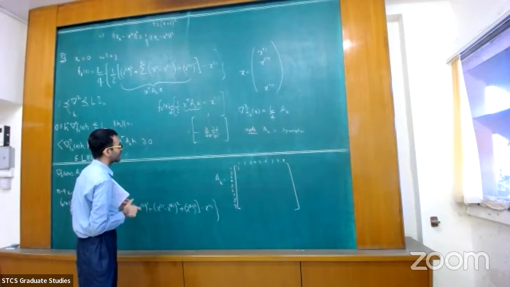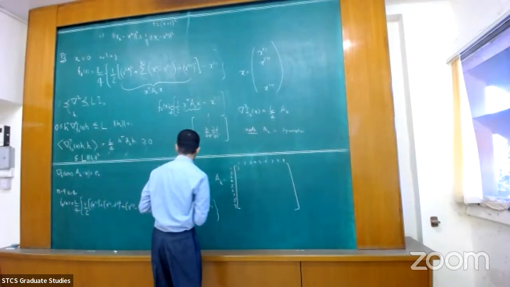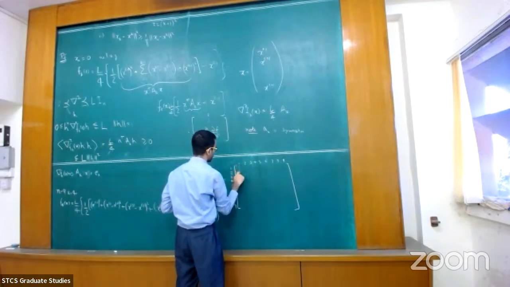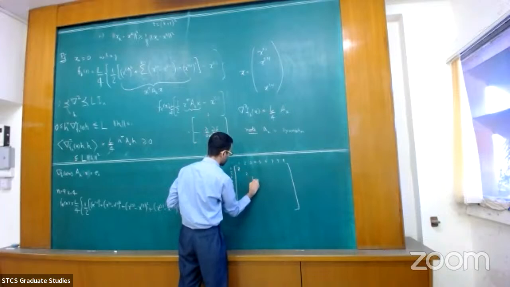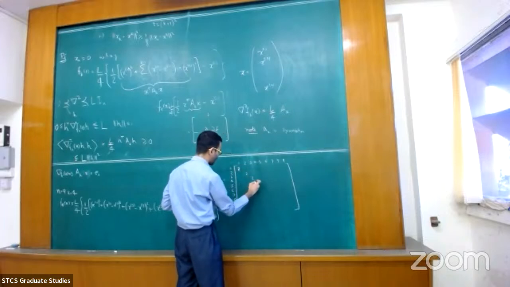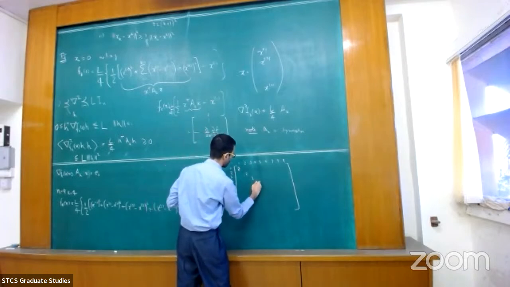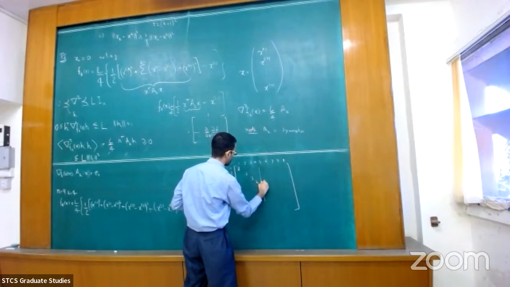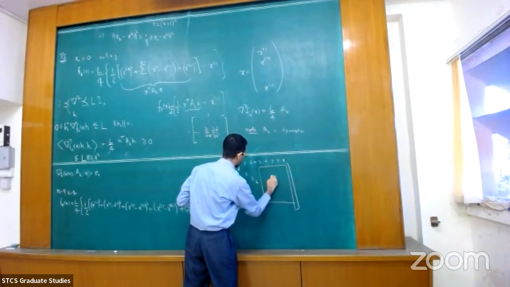It must be 2, right? The diagonal entries should be 2, so these are all 2. Good. Then it stays 2 until 4, and then there is 0. So this is all 0. In fact, here everything is 0. This is also 0.